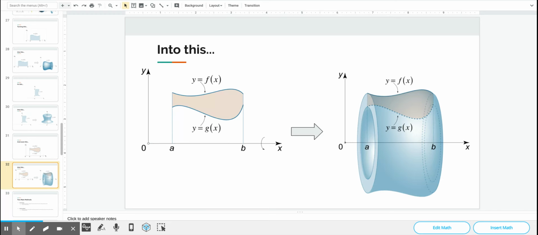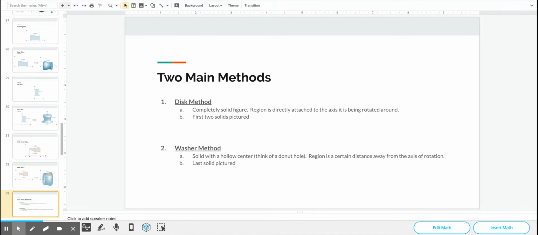So I just took a look at this figure right here, and again, notice that there's a hole in the middle of it, almost like a donut hole. That is going to use something called the washer method. And so the biggest difference here is the disk method, and I'll explain why I'm calling it the disk and washer, but the disk method is for a completely solid figure. There's no holes. There's nothing hollow about it.